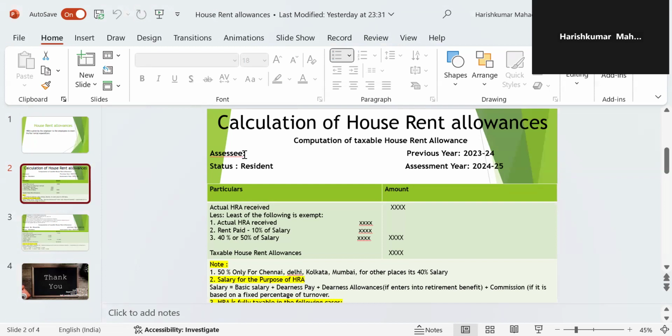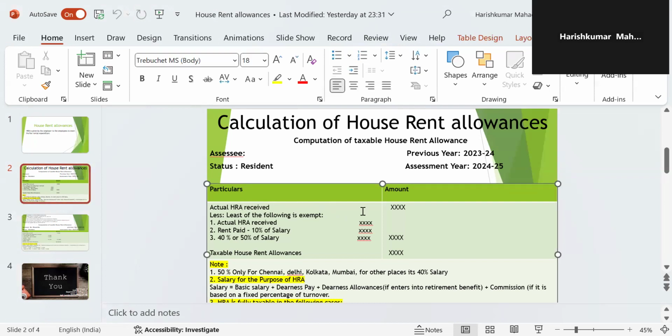Here, you have to write assessee. Assessee is nothing but your name, status, resident or non-resident. We know that the previous year is 2023-24 and the assessment year is 2024-25. Here, they gave actual HRA received. Actual HRA received is nothing but how much amount you received from your employer as house rent allowance.